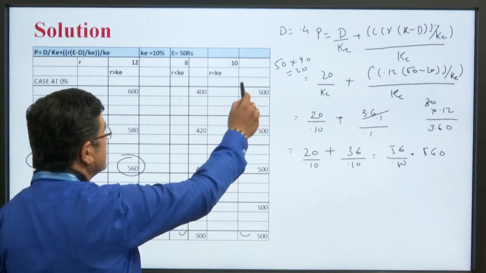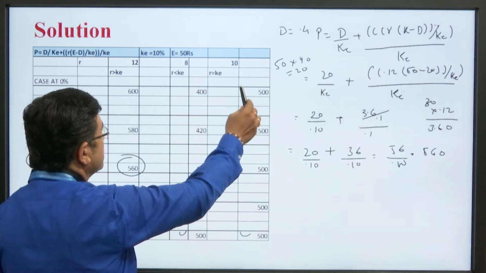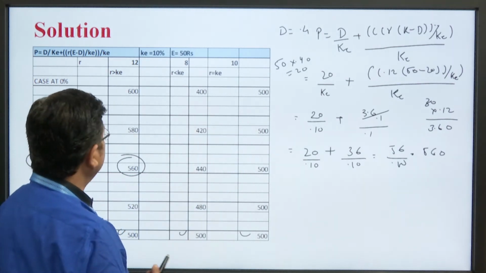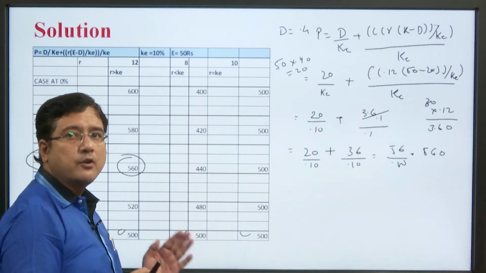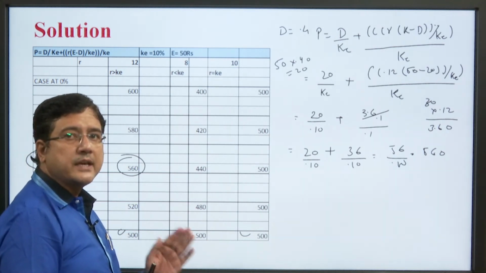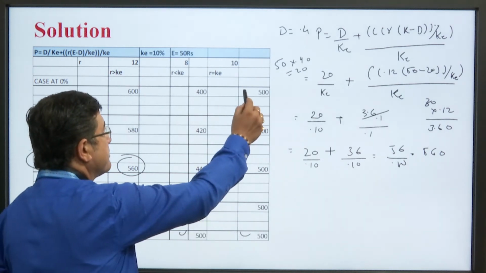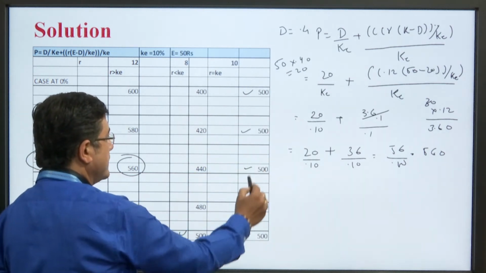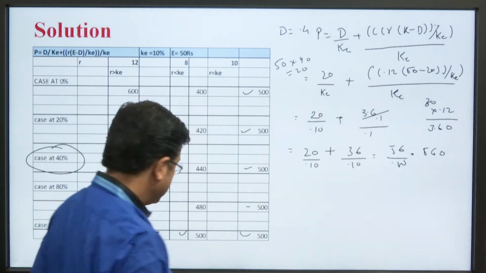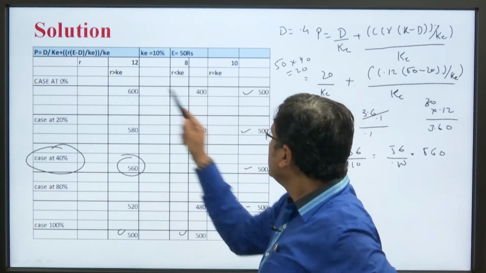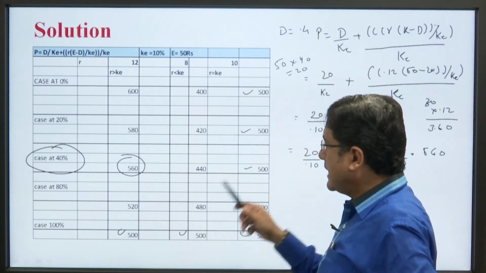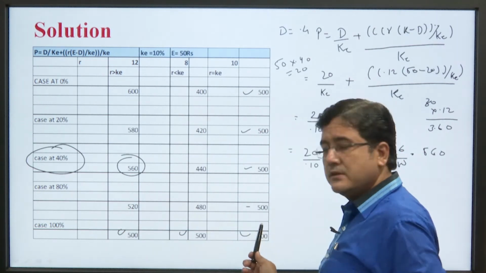In this case also, when R is equal to Ke, whether you pay the dividend or not, the P value is 500. When you pay the dividend is 0, it was 500, and at 100%, it was 500.